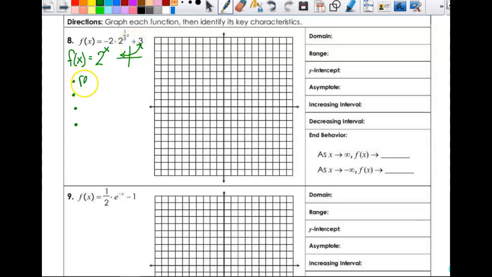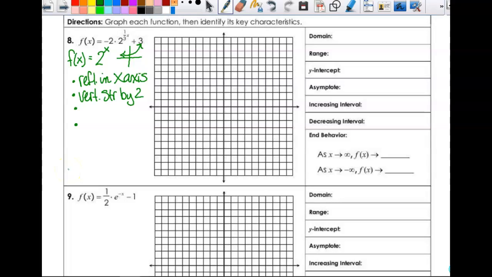It's okay. The negative is a reflection in what? X-axis, okay. This first 2 is what? Vertical stretch, good. Then this second 2 is what? Nothing. It's the base of the exponent, right? It's okay. I know.